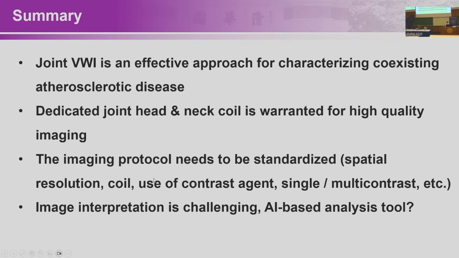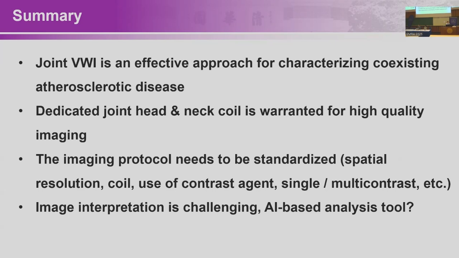The imaging protocol does need to be standardized. We need to consider the spatial resolution, which resolution is good enough, the coil, the use of a contrast agent, and whether we just scan a single sequence or multi-contrast imaging sequences, etc. Image interpretation or diagnosis is a big issue because for joint vessel imaging, we get huge data, a lot of slices.